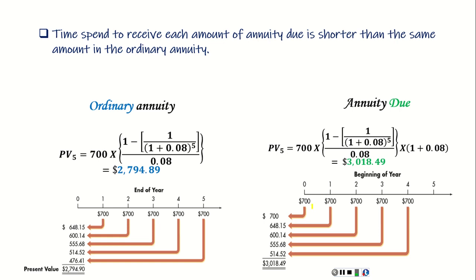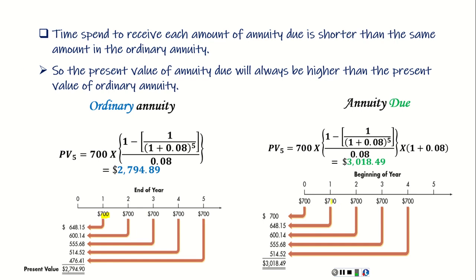So in annuity due, the present value of the first 700 will be 700, but in the case of ordinary annuity it will be 648 because there is time spent. So the time spent to receive each amount in annuity due is shorter than the same amount in ordinary annuity.